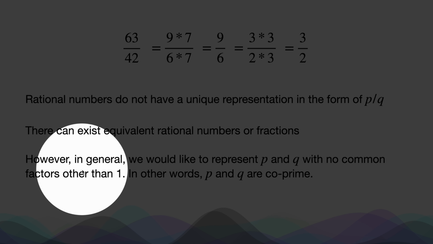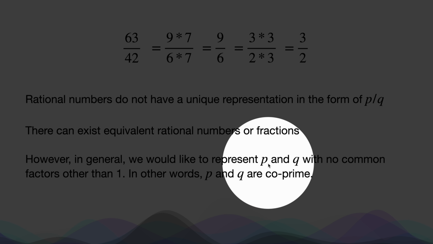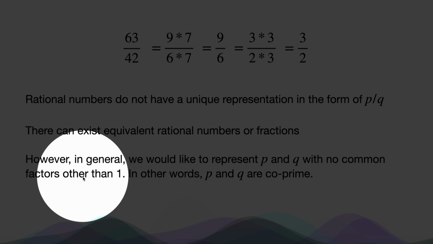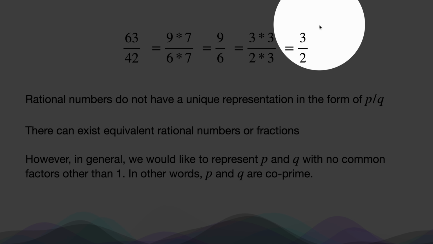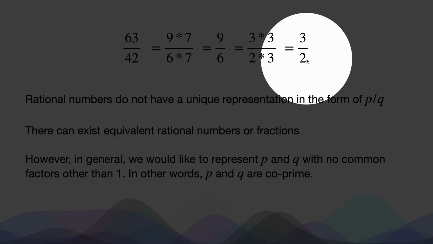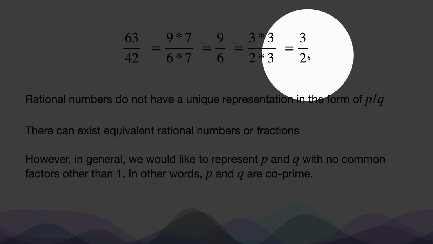In general, it is always nice to represent this p and q, which form the rational number, with no common factors other than 1. So 3 and 2 in this case: do we have any common factor different than 1? No. 1 is the only common factor between 3 and 2, and 3 and 2 together form a coprime pair.